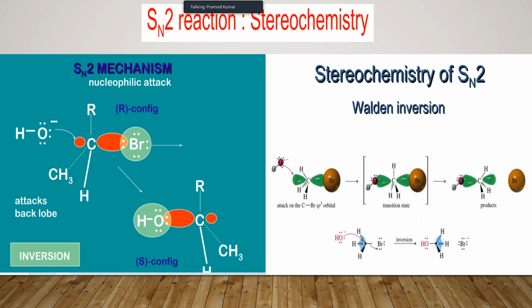It is nothing but the change in configuration of your product in comparison to your starting material. You get the exact opposite configuration of your product compared to your starting material.